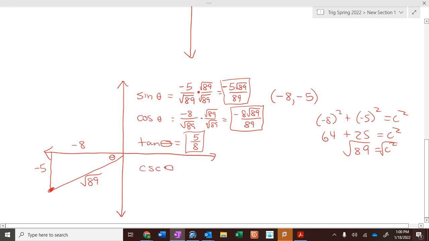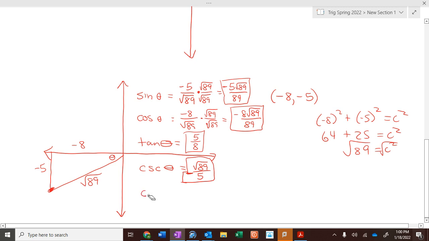The cosecant of my function. Square root of 89 over -5, or negative the square root of 89 over 5. Works for me.